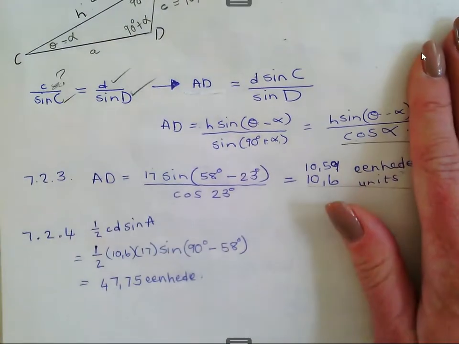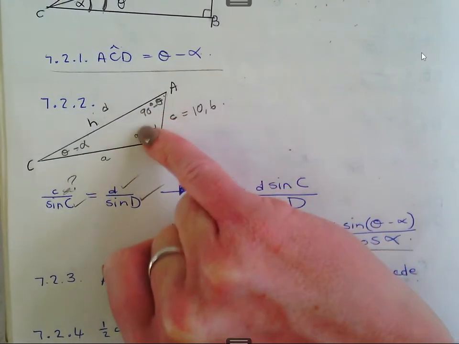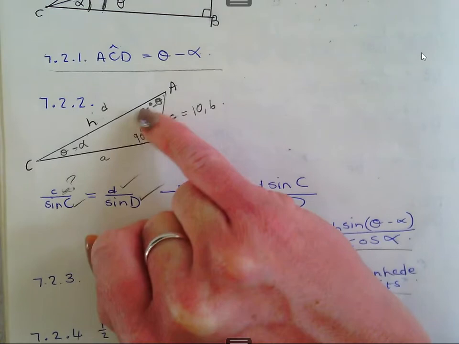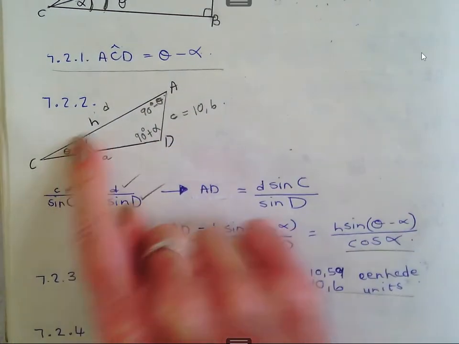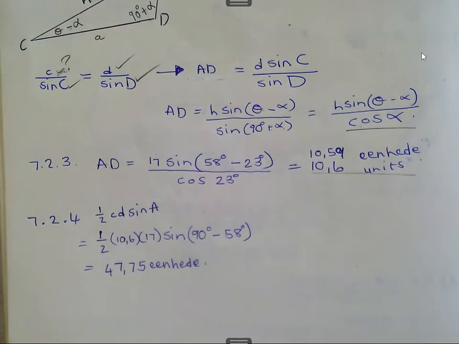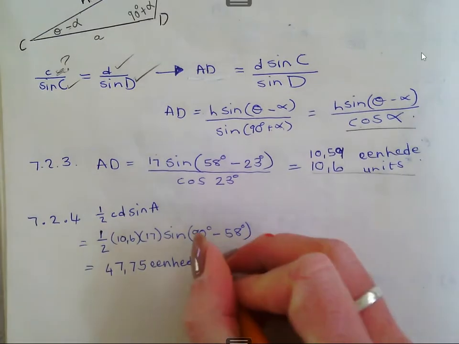So I used angle A. I just want to show you here at the top. I used angle A. That's where the 90 is coming from. Theta, they gave me the value. So it's 90 minus 58. And then that one was 17 and this one was 10,6. This is units squared. Sorry, I didn't finish writing it.